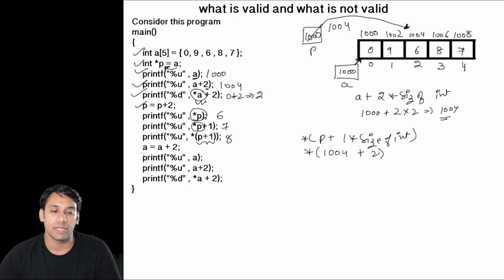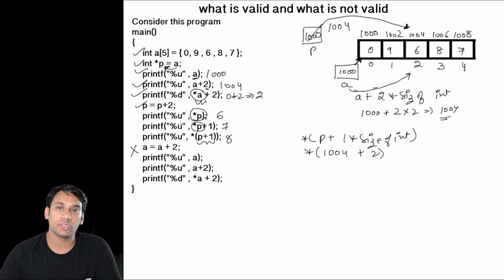Okay. Now in the next statement I am doing A is equal to A plus 2. A was pointing to the location 1000, so I am making A point to the location 1004, which is 2 into size of int. But this is not a valid statement. Why?